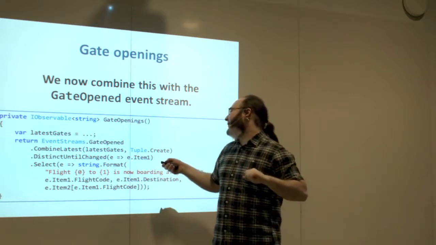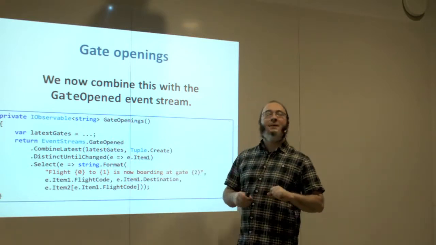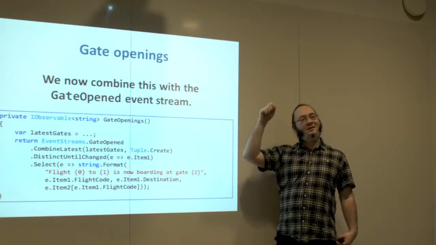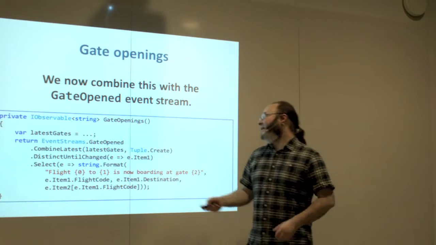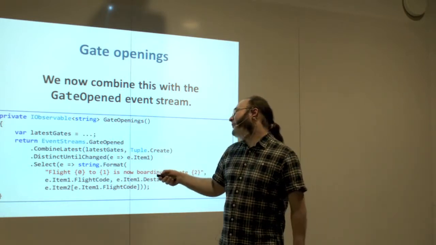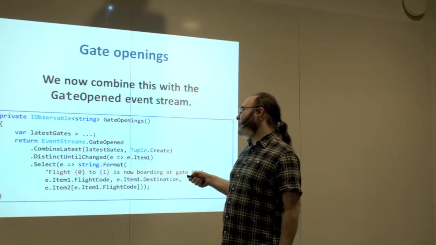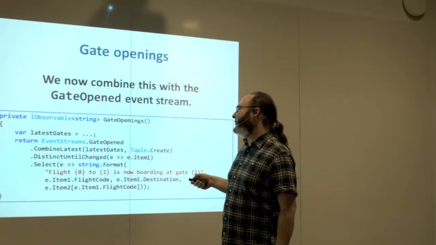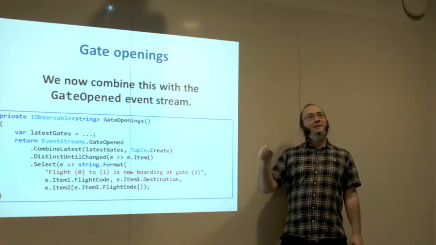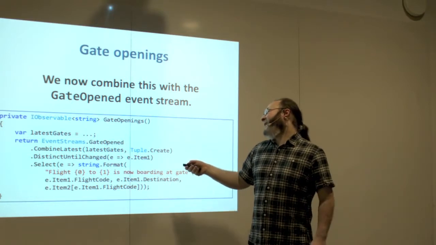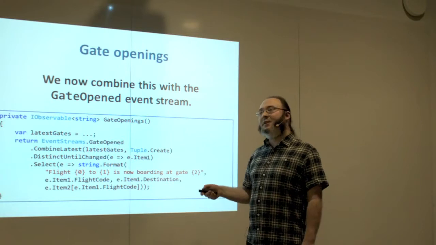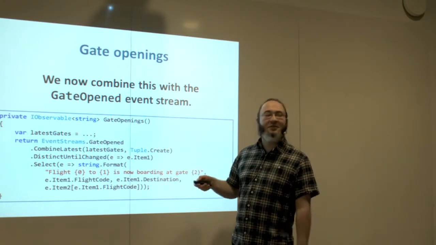I've got the gate opened events, and every time they come in, that means I need to make an announcement. I'm making a tuple of the two, and then I'm doing distinct until changed on the first one, the first one being the gate opened. So what it will be doing here is saying, always pass on a tuple of the latest of these two, but don't go any further unless it was the one on the left that changed.